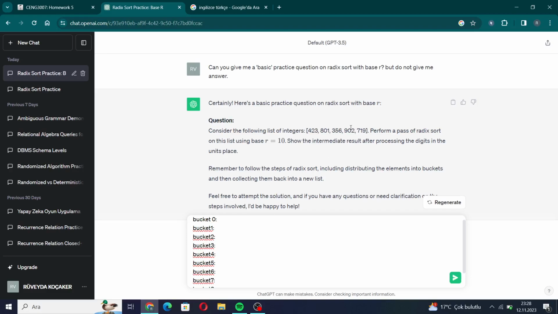There is one, there are 356. Then most significant digit 4.